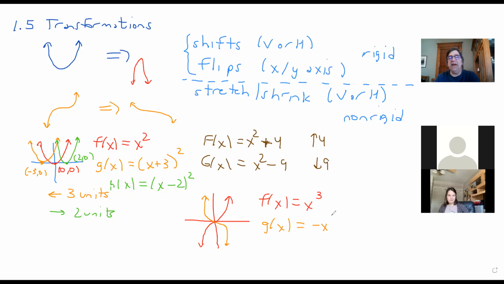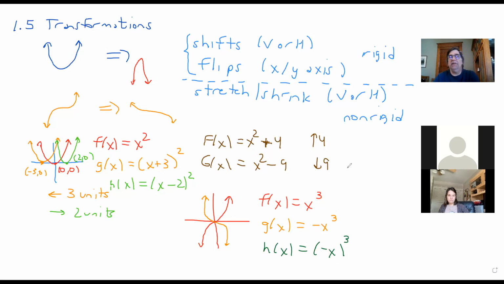So to flip it over the x-axis, it becomes negative x cubed. If you flip the graph over the y-axis, instead of doing the negative out front, you do the negative x first. So this is a flip over the x-axis. This is a flip over the y-axis.